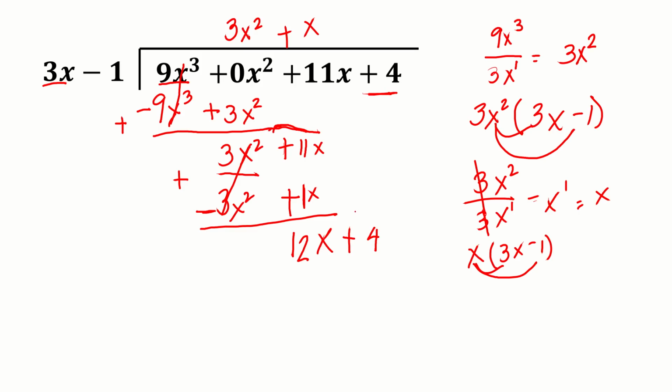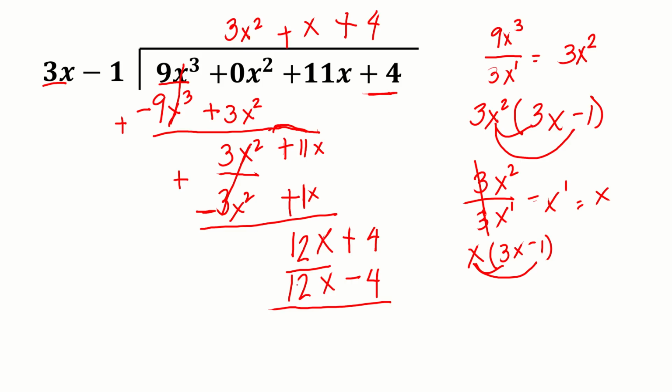Then, balik tayo ulit sa kanina. Divide the first term, 12x divided by 3x. So, 12 divided by 3 is positive 4. Then, 4 times 3x, that is 12x. Then, 4 times negative 1 is negative 4.